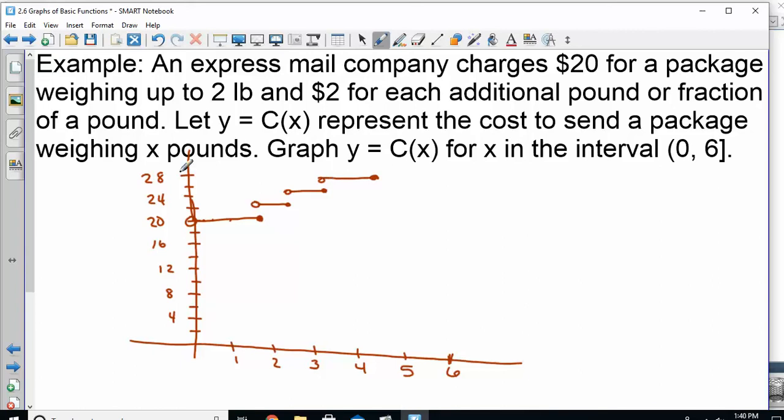And then we go up to 28, and we stay there until we get to 6 pounds. So we didn't need the equation, we just kind of worked through the problem there. Any questions on that one? I just asked for a graph, I didn't ask you to do anything else.